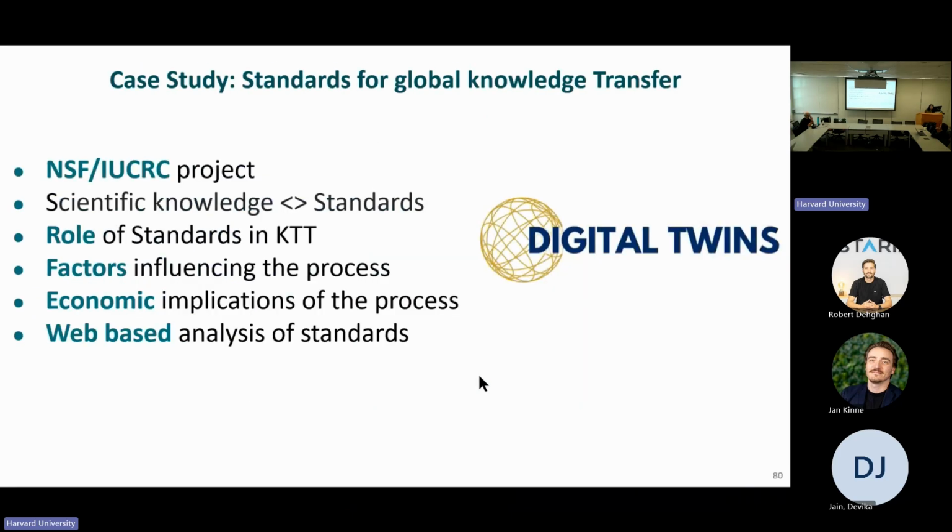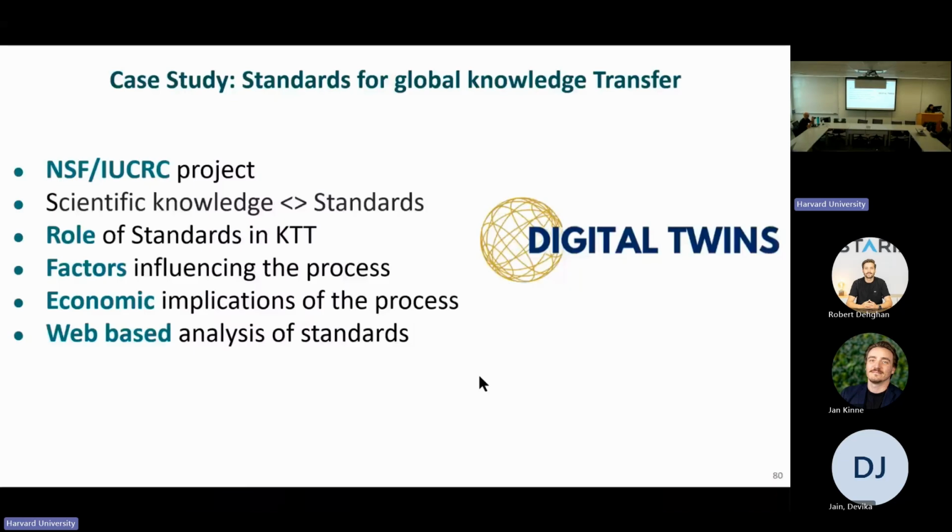And the other proposal which we have been working on with Istari is for our NSF Industry University Consortium. This one is looking into standards for global knowledge transfer. So for those of you who are working with standards and standardization processes, this might be an interesting use case to follow. We are particularly trying to see how scientific knowledge and the dissemination and transfer of knowledge is happening through standards, and what is the role of standards in the knowledge transfer process?